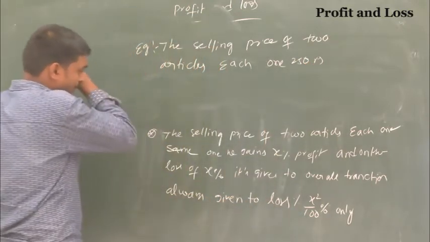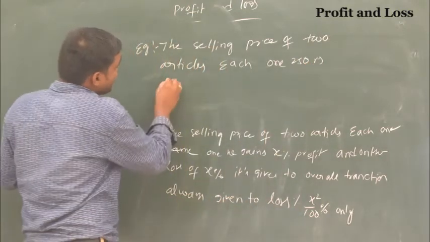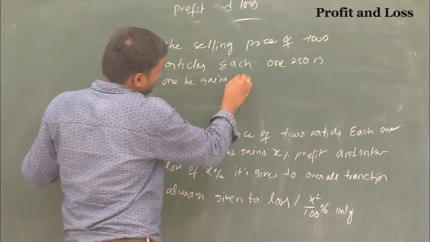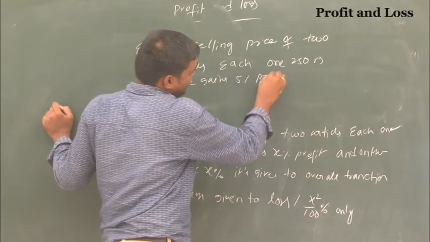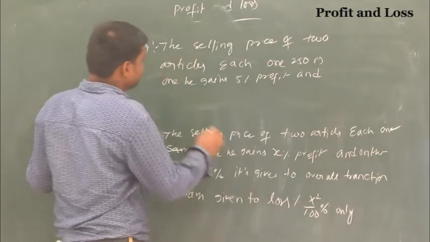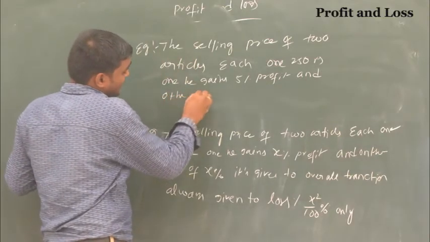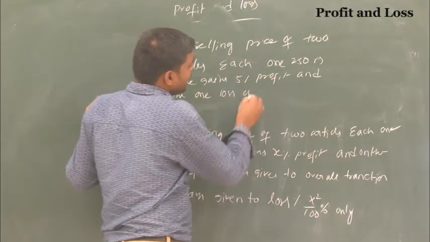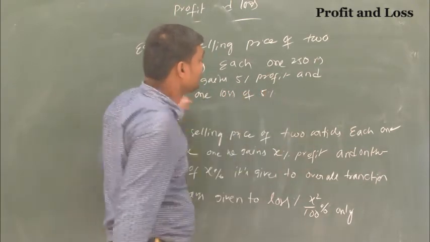One he sells at 5% profit, and the other at a loss of 5%.